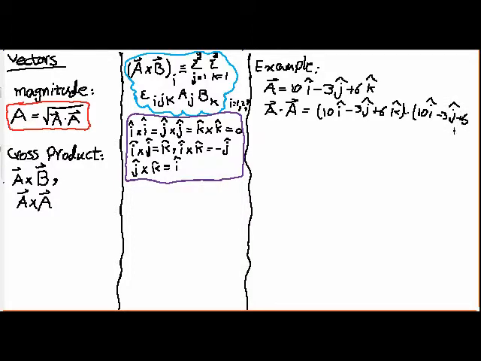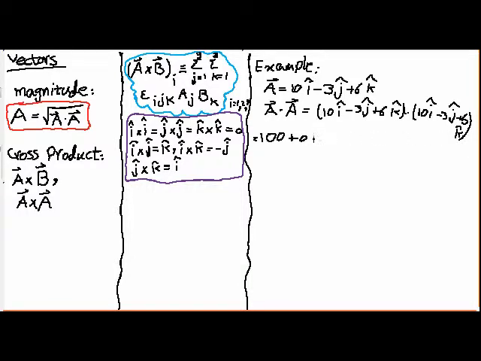If I dot product these two, 10 times 10 is 100. i hat dot i hat is 1, so I won't write it. i hat dot j hat is 0, so although I get minus 30 by multiplying these terms, it would be multiplied by 0, so this is 0. And i hat dot k hat is also 0, so I don't write it.